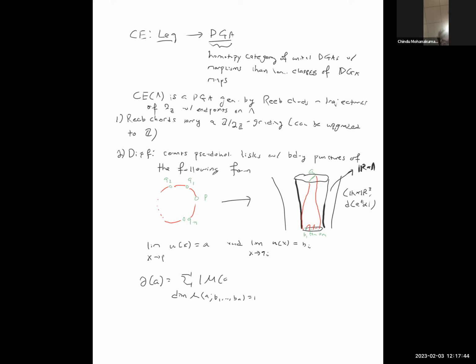And it's the cardinality of such things, b1 through bm. We can determine this count to be in Z mod 2 for now, and I'll be talking about how it was upgraded to a Z count. Okay, so that's the differential.